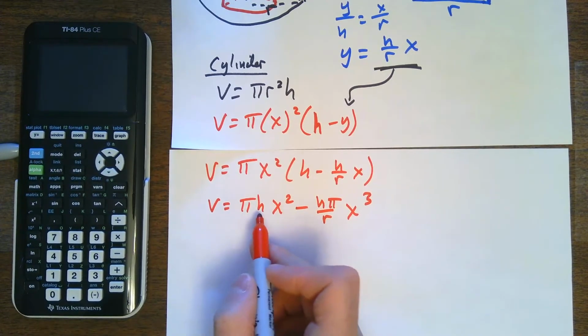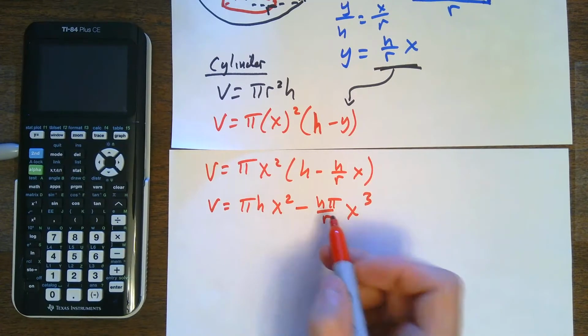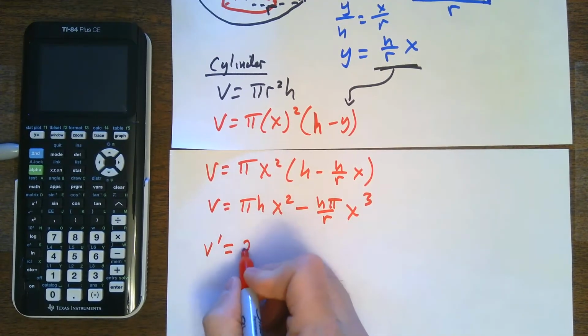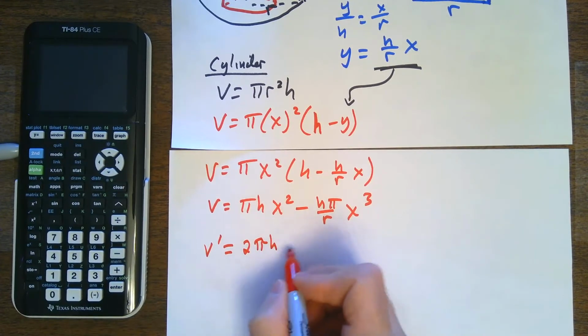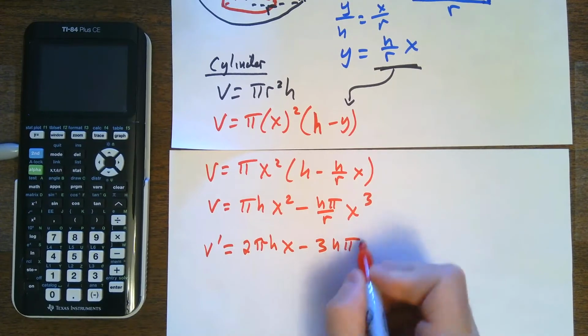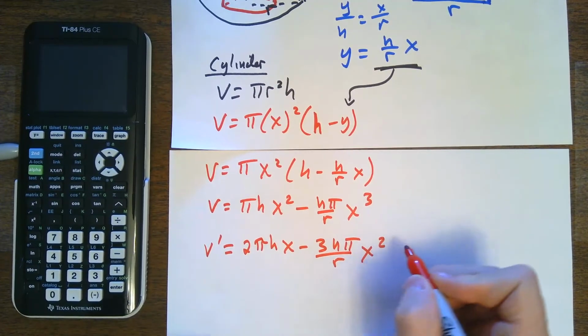And again, remember, h and r are constants. So now if I take the derivative, I'm going to have 2 pi h x minus 3 h pi over r x squared.